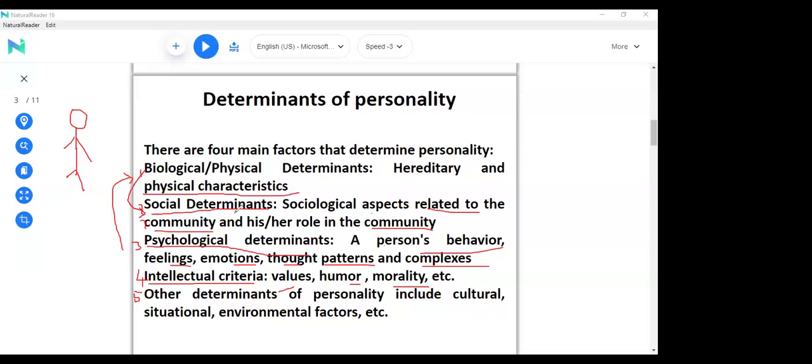I will give you a small example. Take Mahendra's birthplace and birth family: a village family with a farming background, where the main job of all family members is farming.